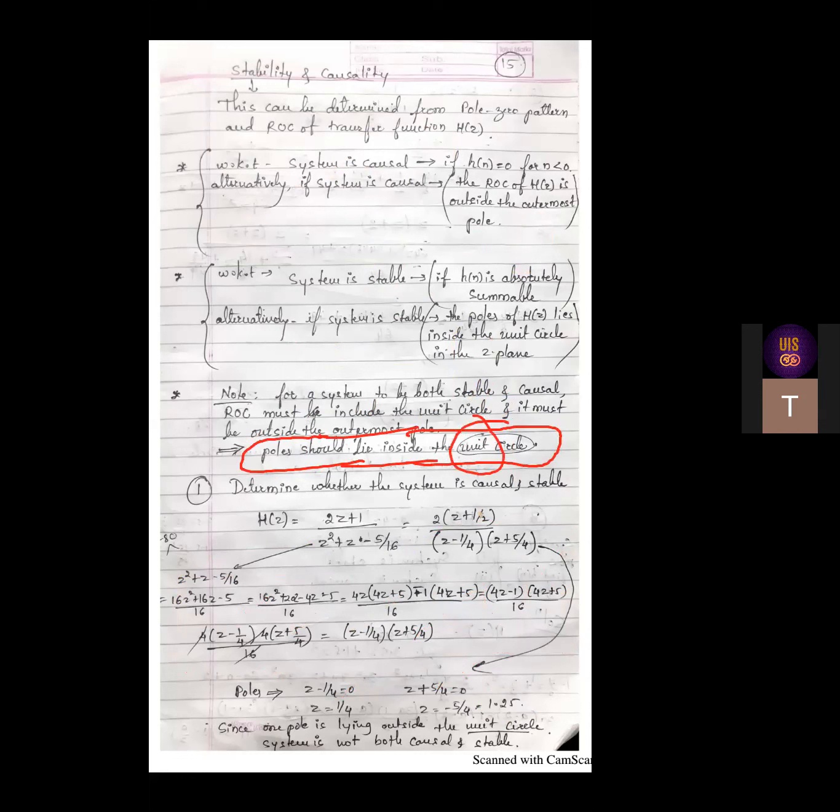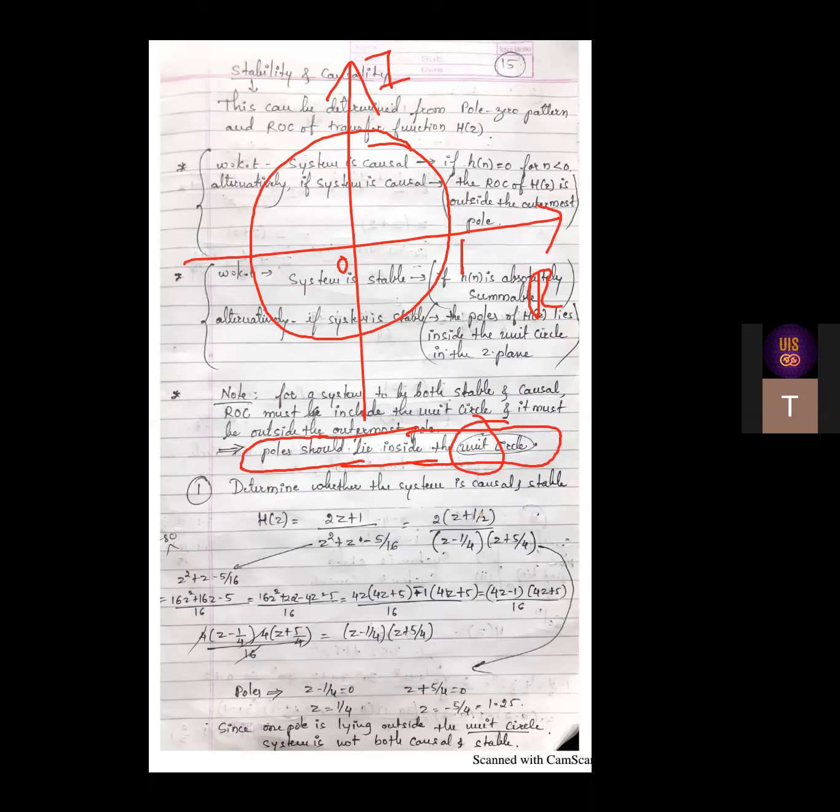So if I draw a z plane, real and imaginary axis, I will draw a unit circle, meaning radius is 1. Now let us mark these two points. z is equal to 1 by 4. 1 by 4 is 0.25.